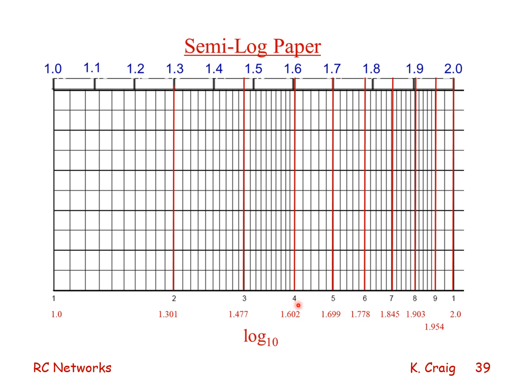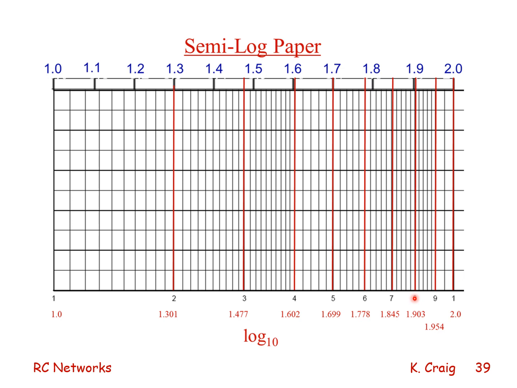The log of 40 is 1.602, which is right here on the linear scale. The log of 50 is 1.699, right here on the linear scale. The log of 60 is 1.778, right here on the linear scale. The log of 70 is 1.845, plotted right here on the linear scale.